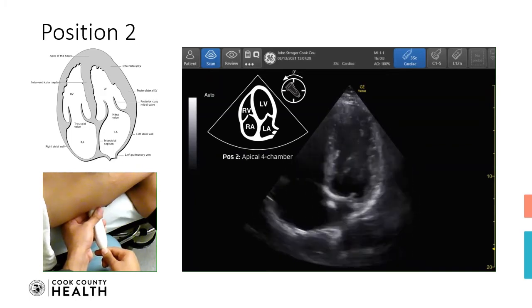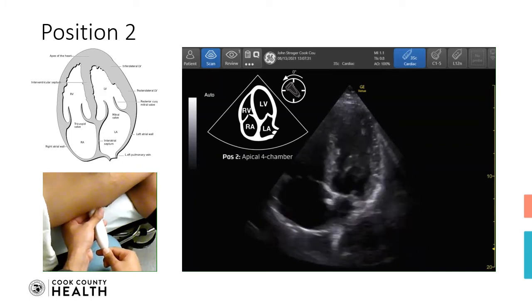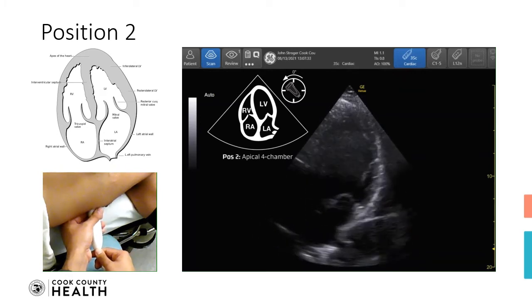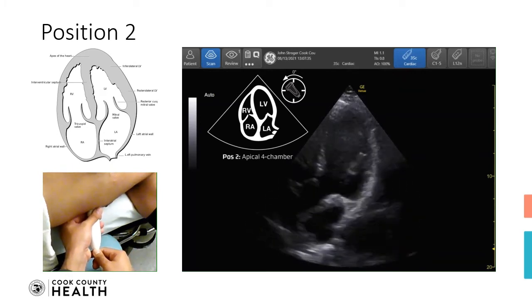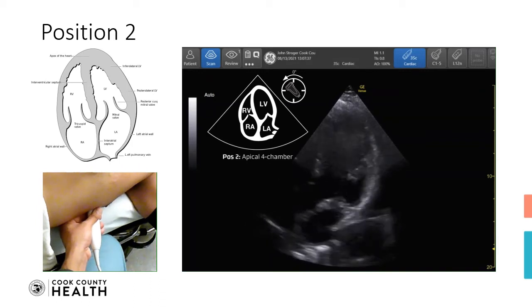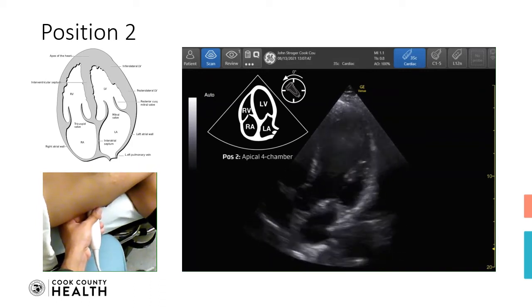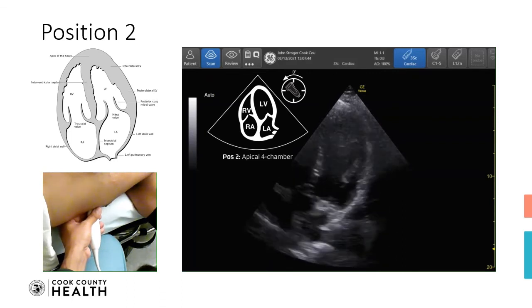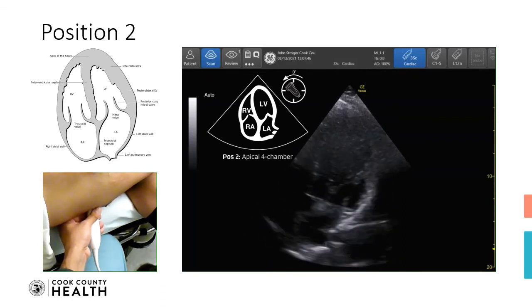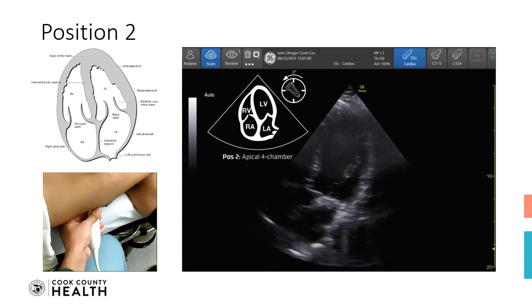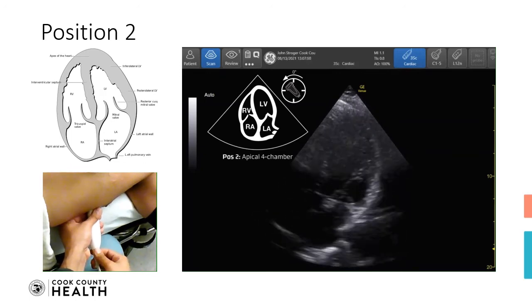So we were at the 4-chamber right there, and tilting it anterior is going to cause the aortic valve to come into the picture. The ideal cross section would be to have this view directly perpendicular, vertical under the probe.